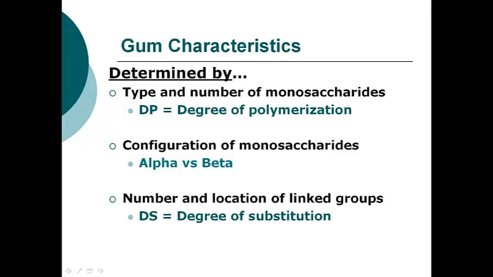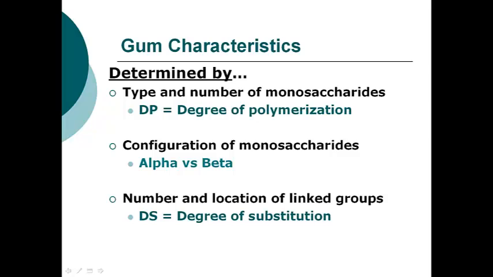That means it will provide less viscosity. On the other hand, longer length means greater volume because there's more interactions and therefore more viscosity. This is known as DP, or degree of polymerization.